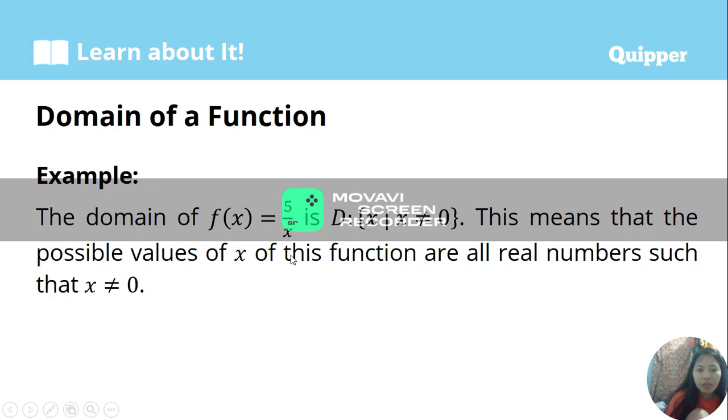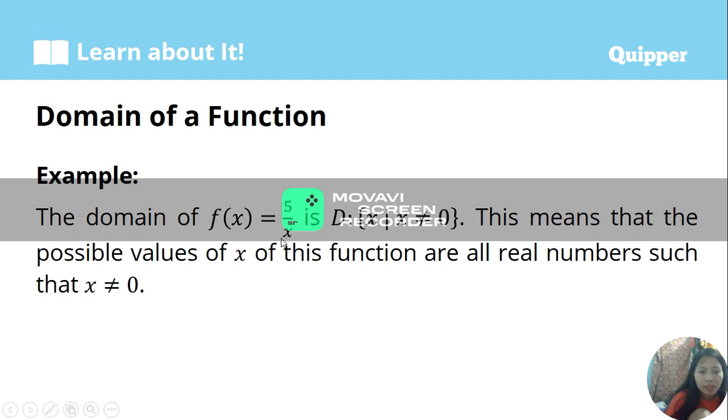Because this function is a rational function, remember, if it is rational, the denominator should not be equal to 0. Since our denominator is just the variable x, our rule is to equate the denominator to 0 and find the value of x.